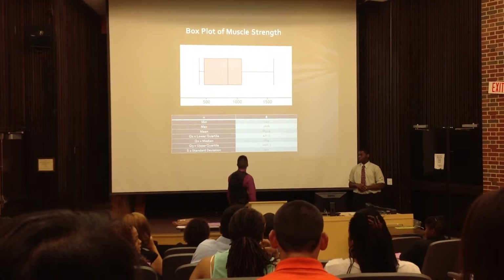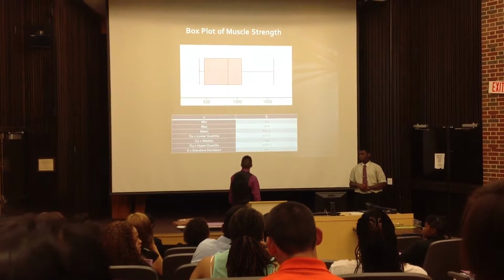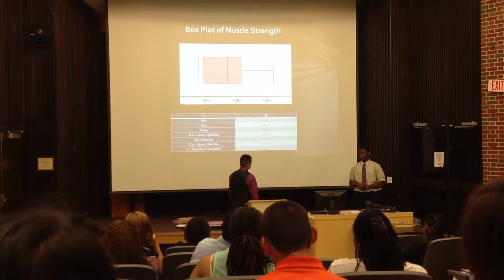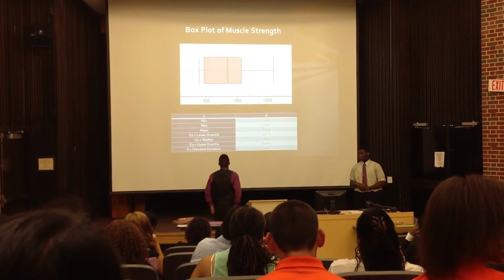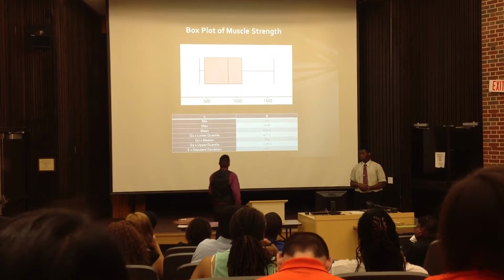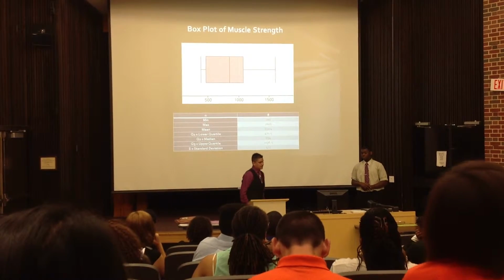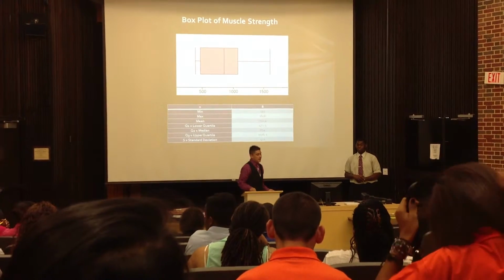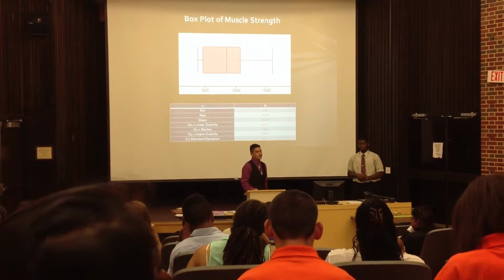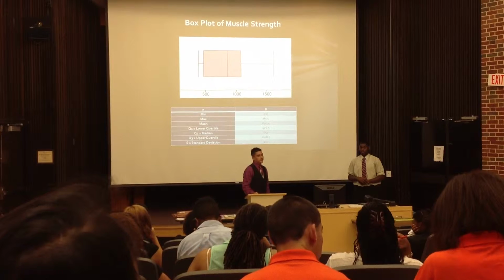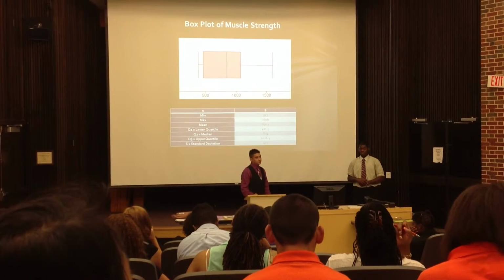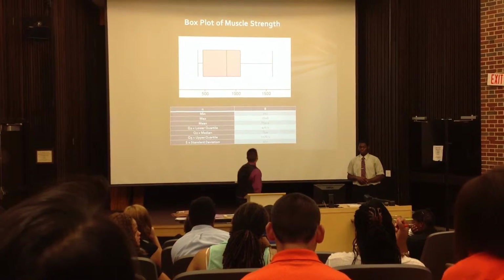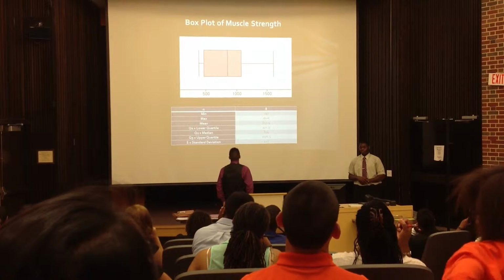What does each of the lines represent? What does the box represent? It's just the left skew, which means that even though you would think the people with bigger arms would lift more, our hypothesis didn't prove that. Okay, my question was, what do the lines represent and what does the box represent? What are each of those different parts?